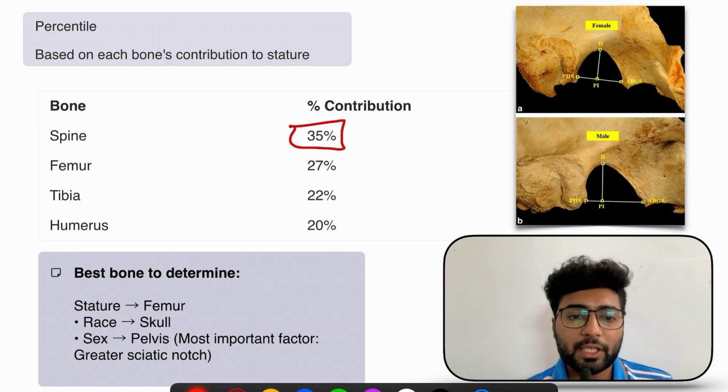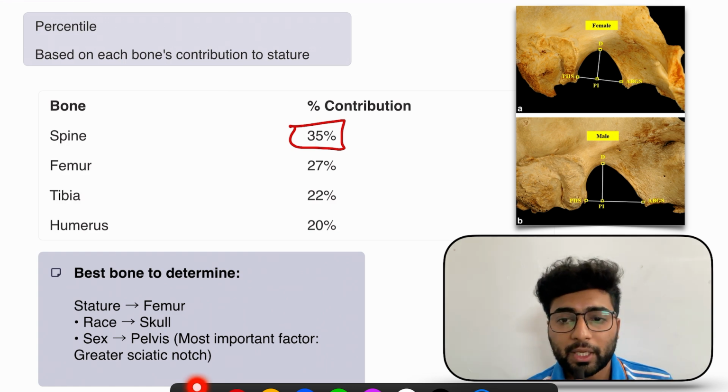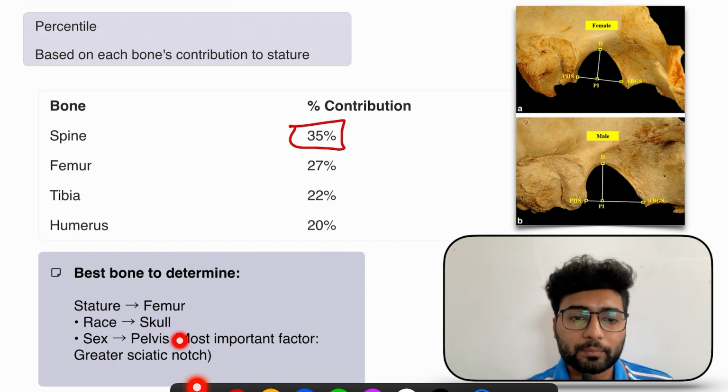Now stature or height is best determined using the femur bone, as I told you. Race is best determined using the skull bone, that we have discussed. And sex is best determined using the pelvis bone, that also we discussed in the earlier lecture. In the pelvis we see the greater sciatic notch.